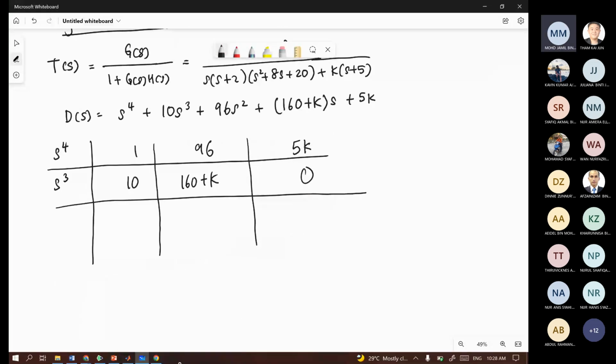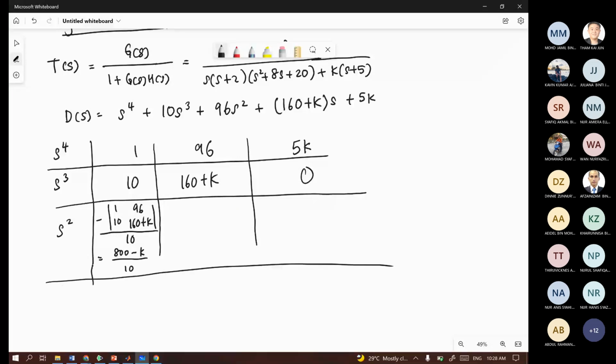Then find S squared, you use the determinant. Then here you get 5K.